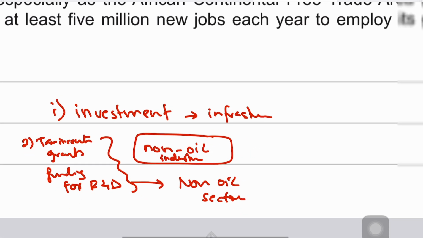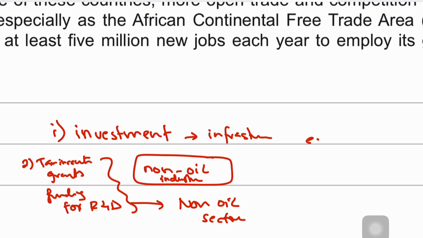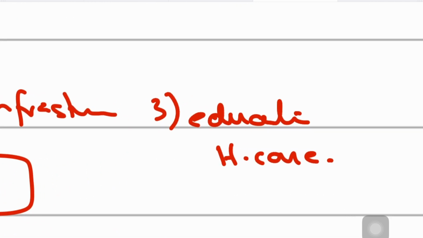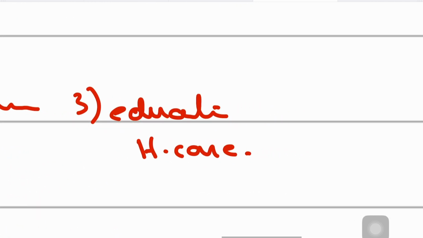Thirdly, you could also talk about how the government could invest in education and healthcare programs, which will align with the needs of the emerging industries. So just don't say that the government should invest in education and healthcare. No, you should say that the government will invest in education and healthcare which aligns with the needs of the emerging industries, because we need to come up with diversification, right?